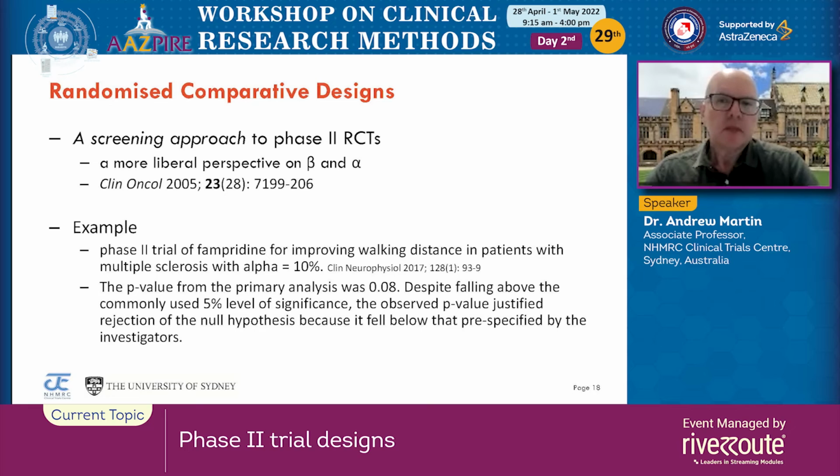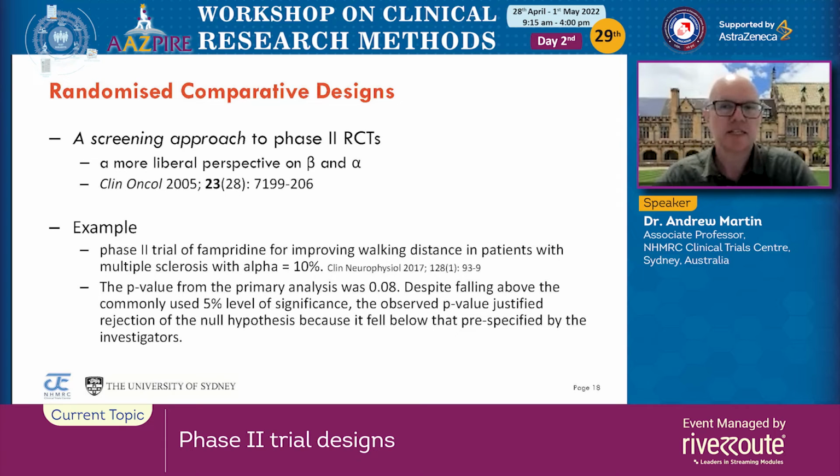Now, an experimenter or an investigator has some wriggle room in specifying alpha and beta for phase 2, because the stakes of reaching an incorrect conclusion will be lower, or the consequences will be less concerning in the phase 2 setting compared to the phase 3 setting.